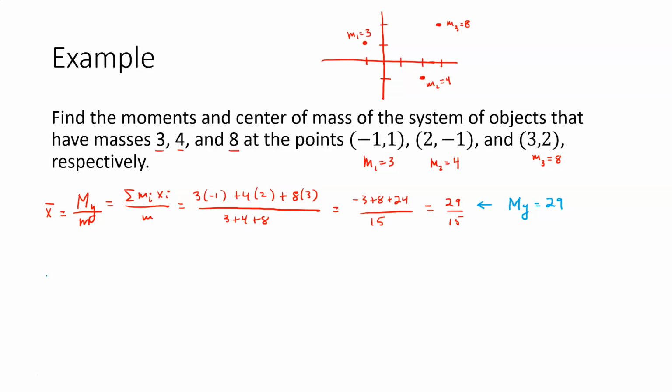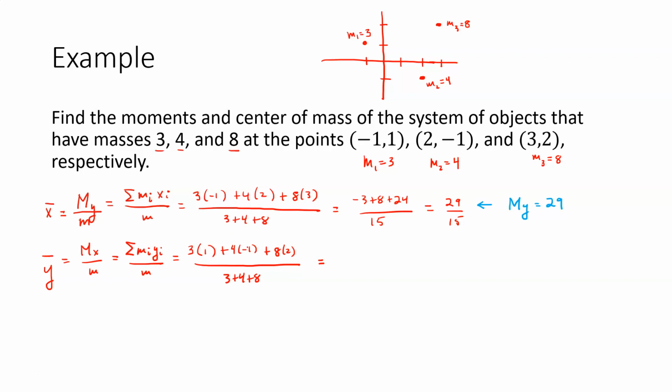Now let's compute y bar, which will be Mx over m. So it'll be the sum of all the miyi over m. We'll multiply each of their masses times the y-coordinates: 3 times 1 plus 4 times -1 plus 8 times 2, and then divide by the sum of the masses.